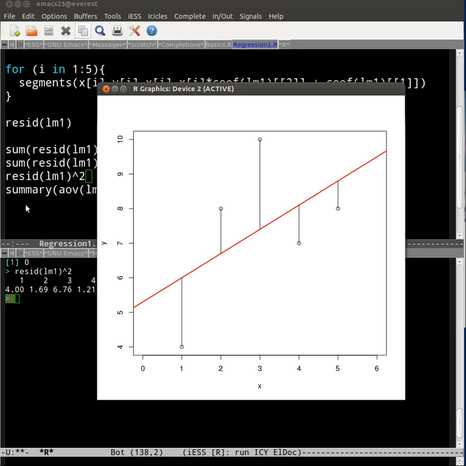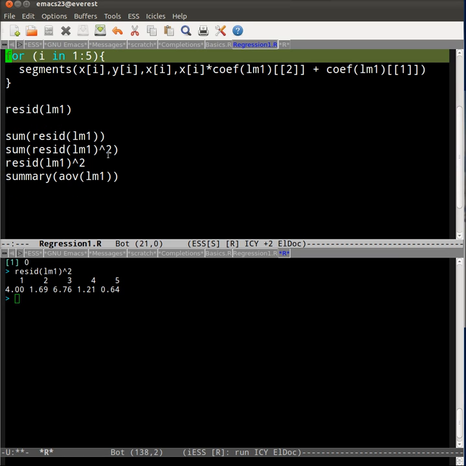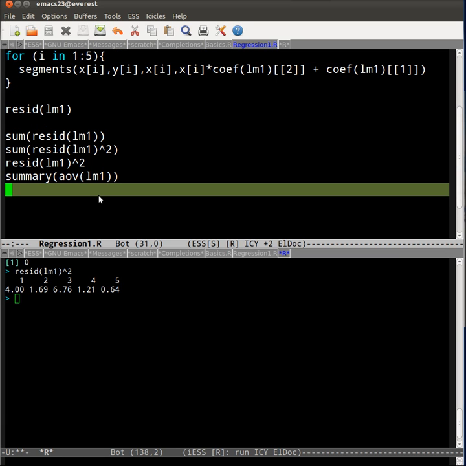Now the least squares, remember going back, I'm going to scroll all the way back here, Legendre and Gauss contributed to regression by this idea of least squares. So least squares is the idea that the squared deviations, when you sum them, will be the absolute least, or the lowest number possible, for the line of best fit.